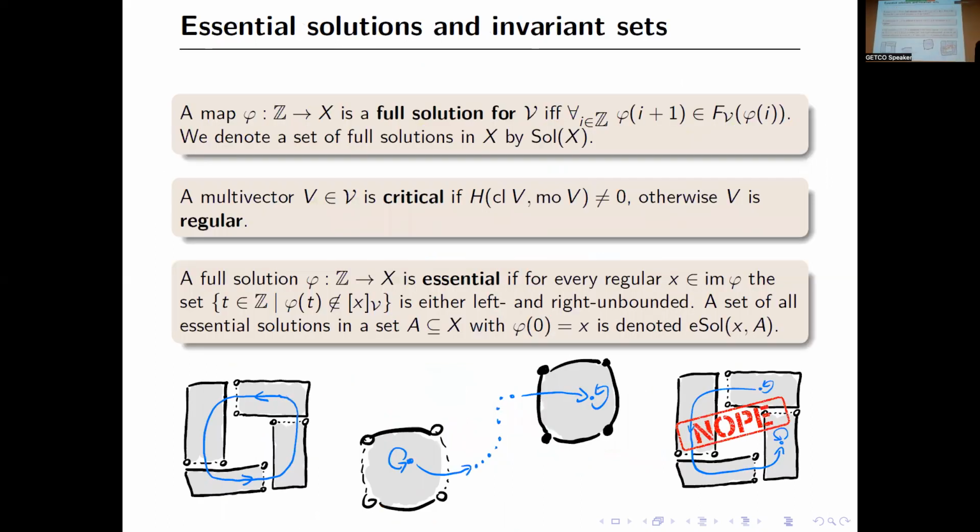As I said, we have solutions for our combinatorial system, so it can be interpreted exactly as a bi-infinite path in this graph that summarizes the dynamics.